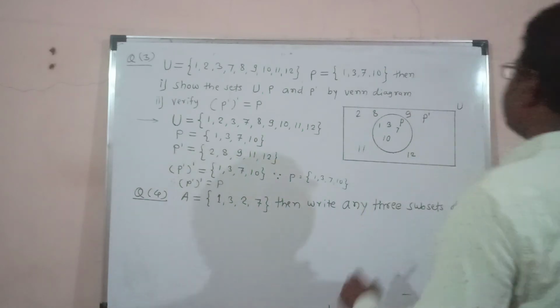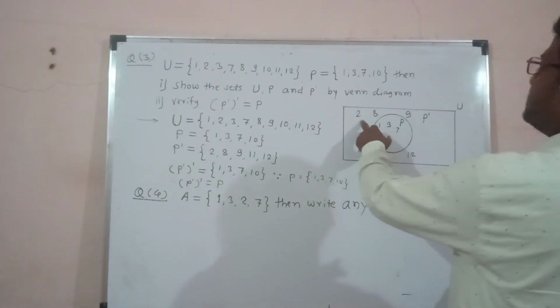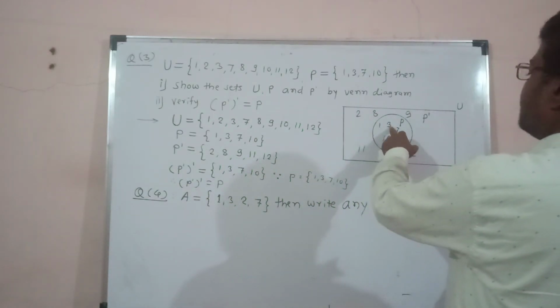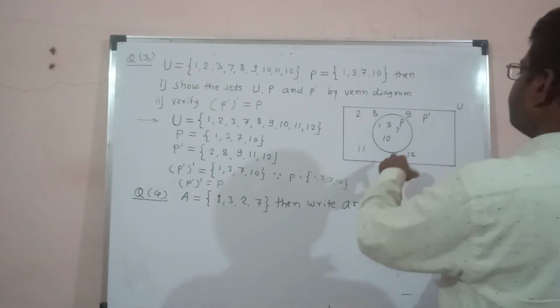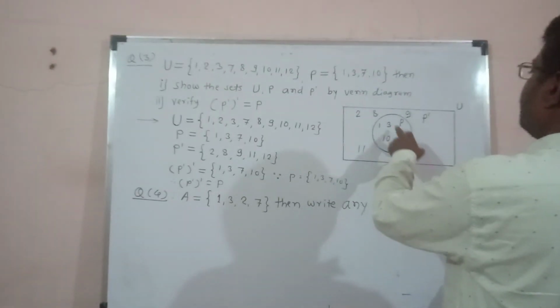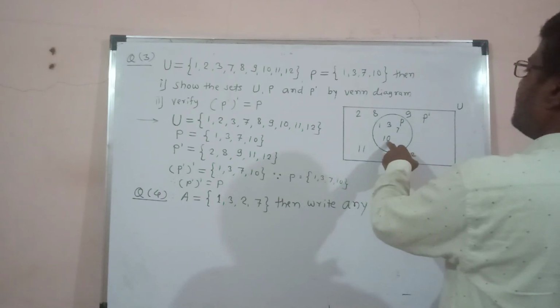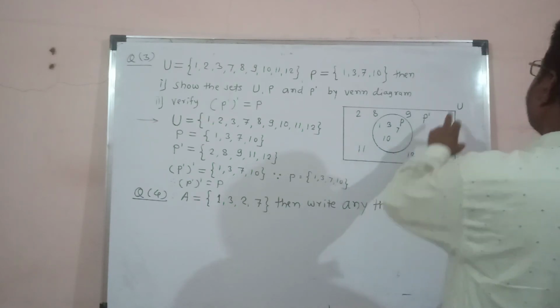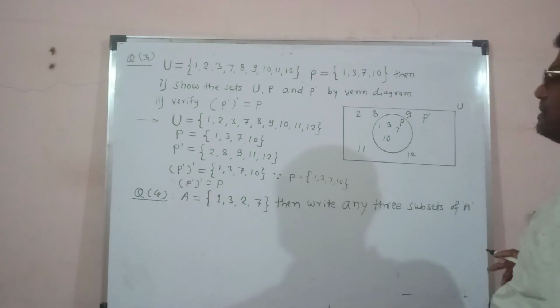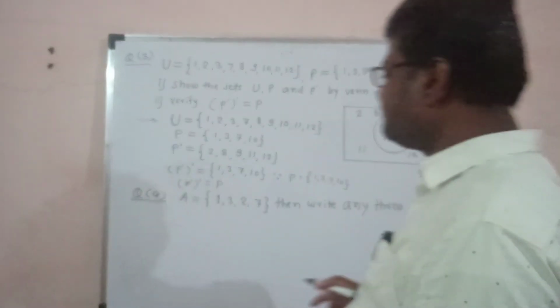So all the elements 1, 2, 3, 7, 8, 9, 10, 11, 12 are the elements of universal set U.